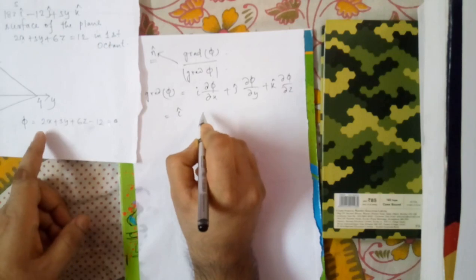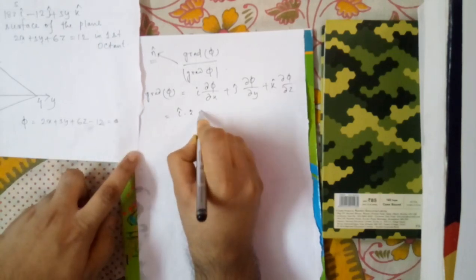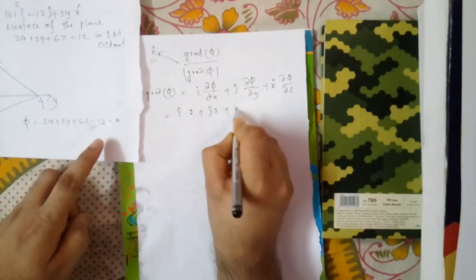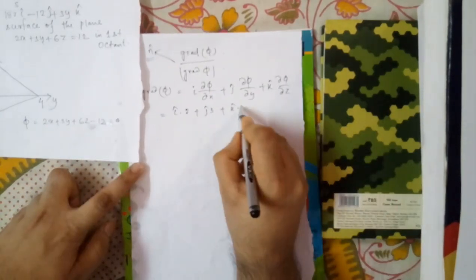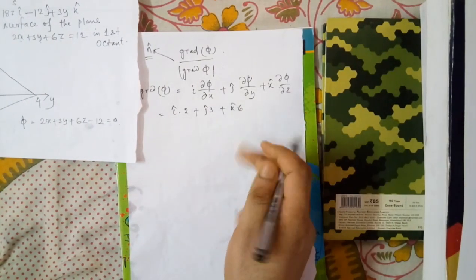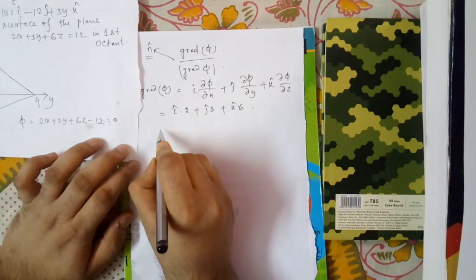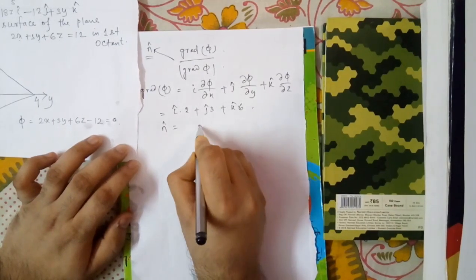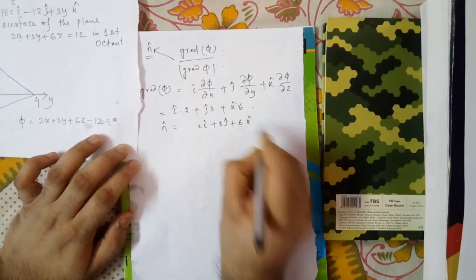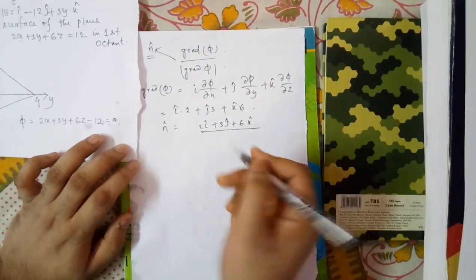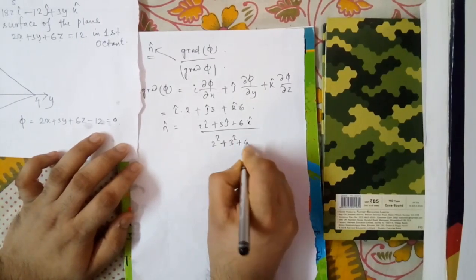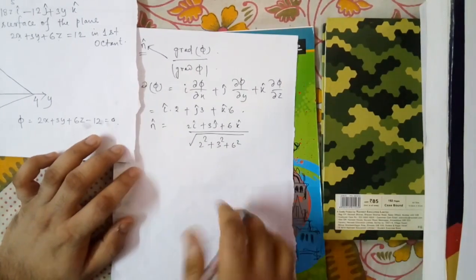Del phi by del x is simply 2, del phi by del y is 3, del phi by del z is 6. So the gradient is 2i cap plus 3j cap plus 6k cap. Now n cap is equal to this divided by its magnitude, which is the square root of 2 squared plus 3 squared plus 6 squared.